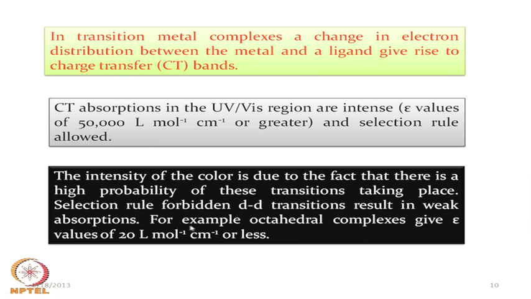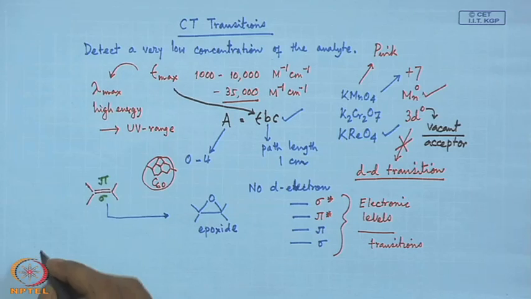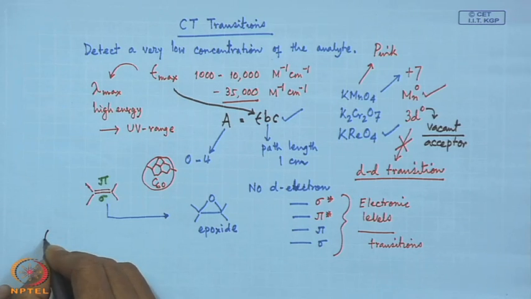So a particular octahedral complex can give an epsilon value of 20 per mole per centimeter or less. That is why in the case of cobalt compounds, we have seen that these epsilon max values are less.